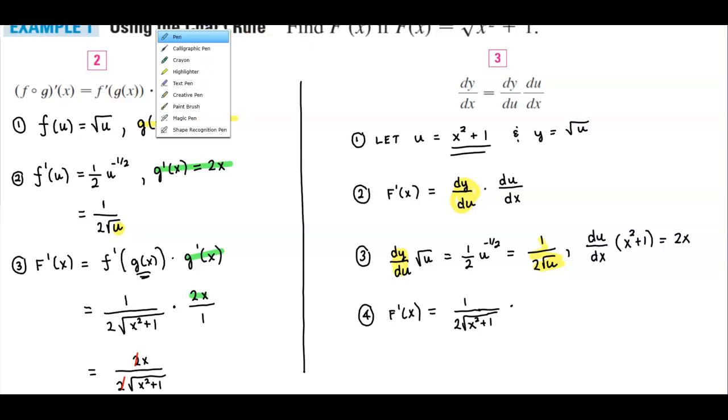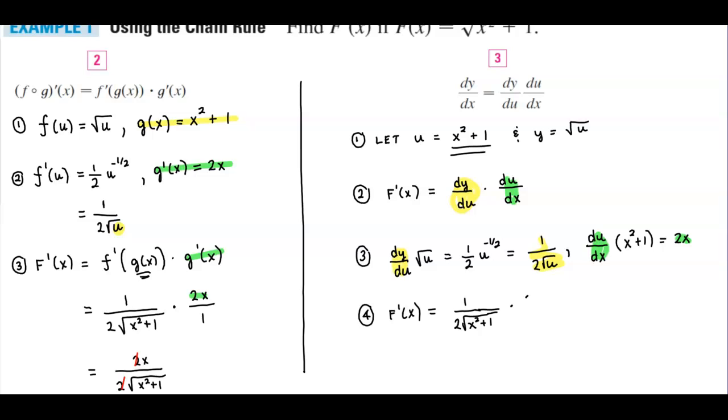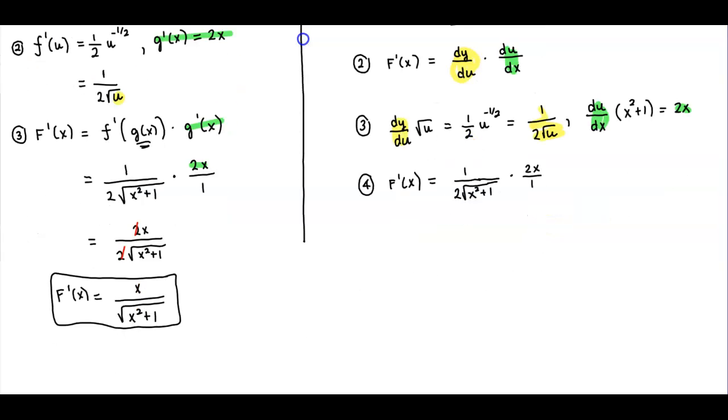Well, if you notice here, du over dx gave us 2x. So therefore, we multiply this by 2x over 1. So we're going to get f prime of x, which is equal to 2x over 2 times the square root of x squared plus 1. And so therefore the derivative is going to give us the same thing we got in the first part, which is x divided by the square root of x squared plus 1.